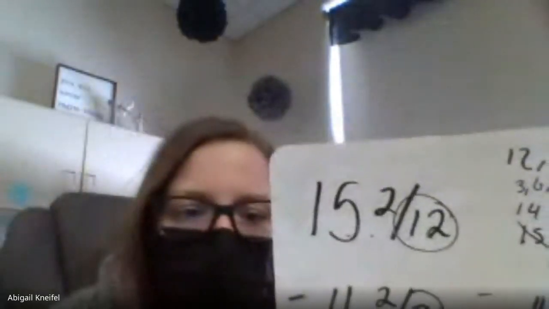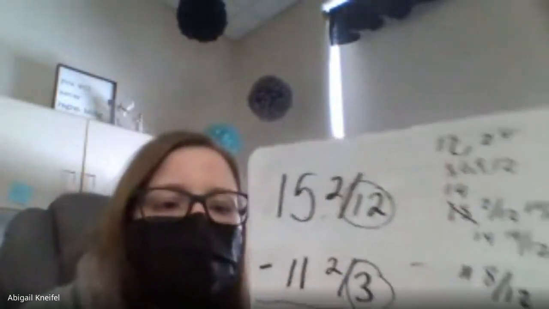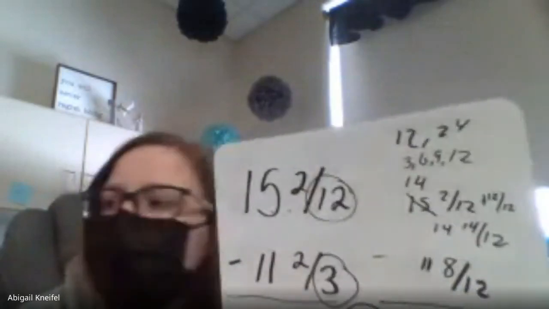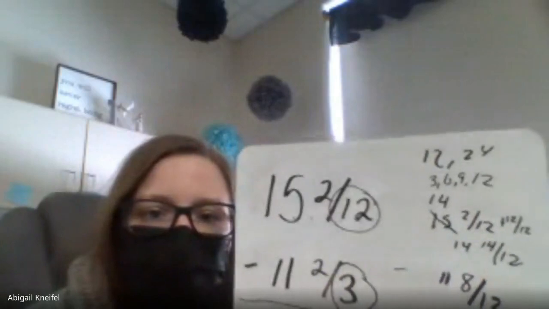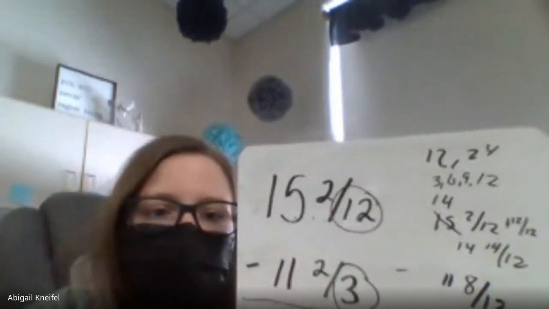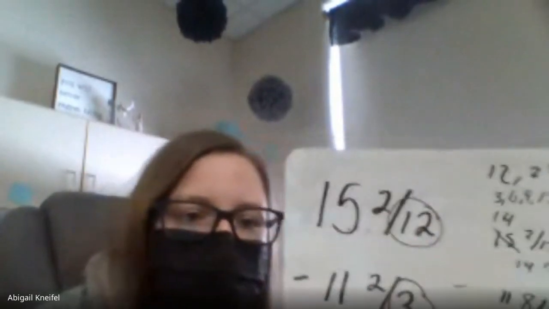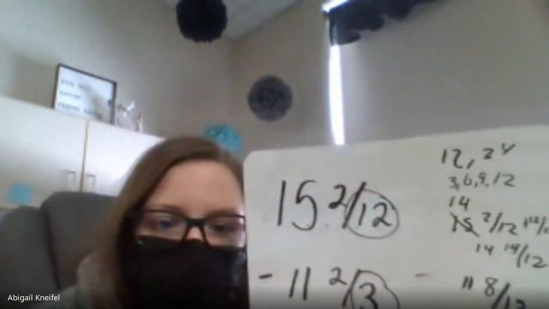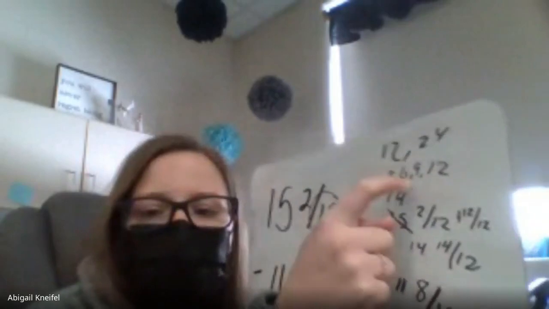Let me see your boards. All right, so Jaden, it looks like you simplified, but you could have simplified again. Make sure you go as low as possible. I'm not seeing everyone's boards. I need to see Evan's, Logan's, Landon's. Okay, Ethan, so remember you borrowed from the 15, so it turned to 14.